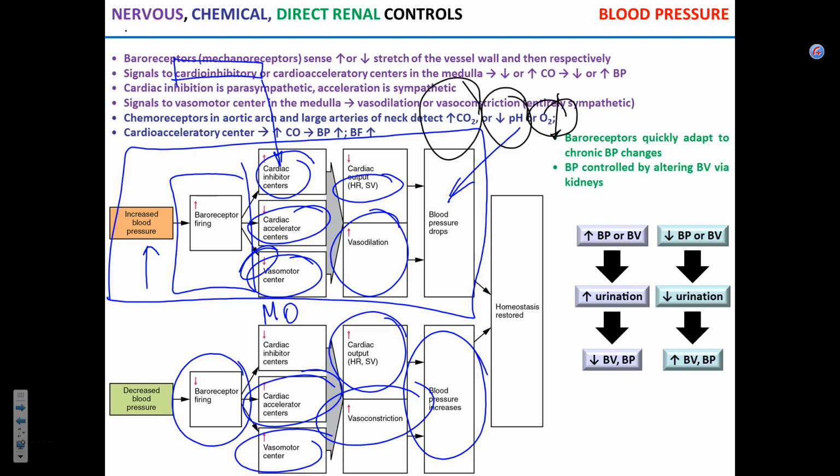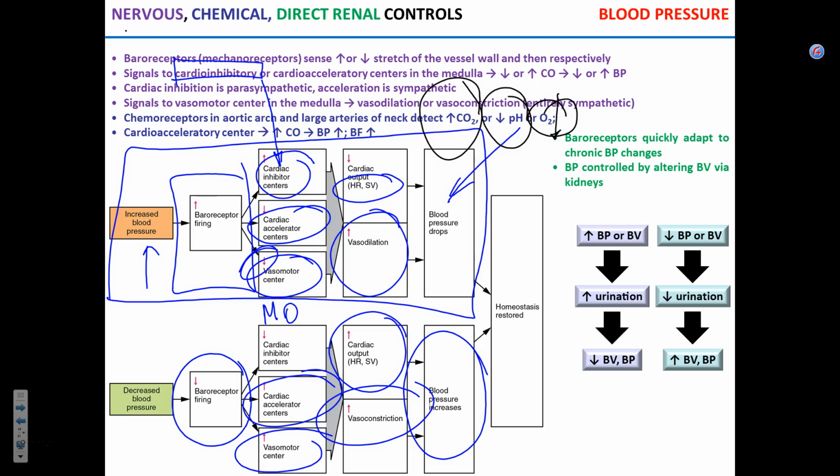Now, what are the mechanisms? Same cardioacceleratory versus cardioinhibitory centers. So if you need to increase blood pressure, cardioacceleratory center will be stimulated. If you need to decrease blood pressure, cardioinhibitory. I have one more question. Are you comfortable with the concept of cardioacceleratory versus cardioinhibitory center?